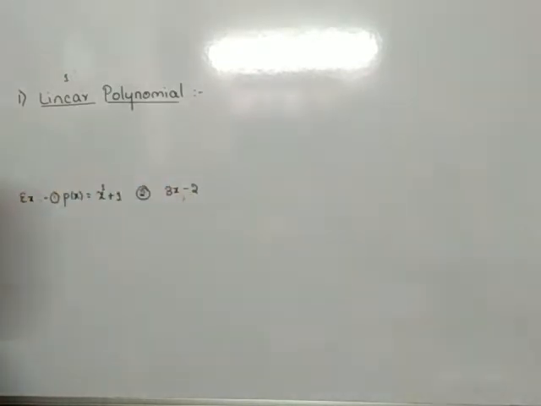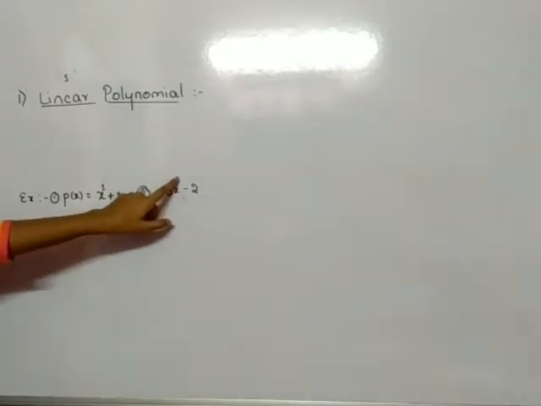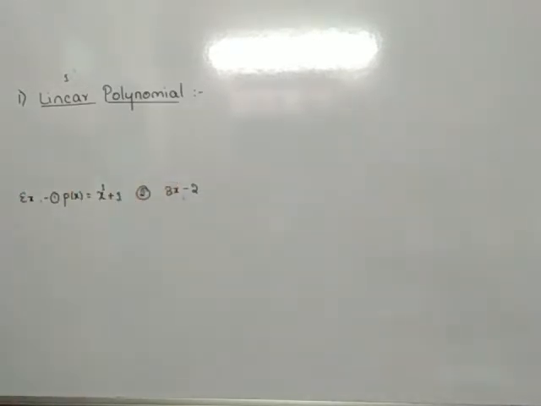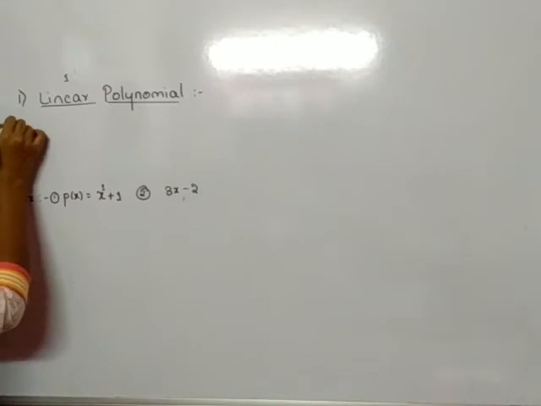So this is a linear polynomial. In general, the definition of the linear polynomial is: it is an equation in which the degree of the variable is 1. Such types of equations are called linear polynomials. Okay, so we'll write the definition.